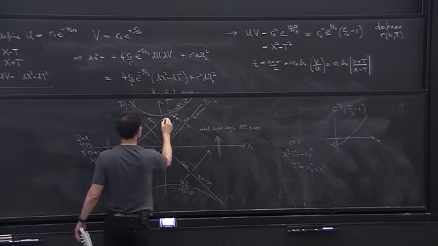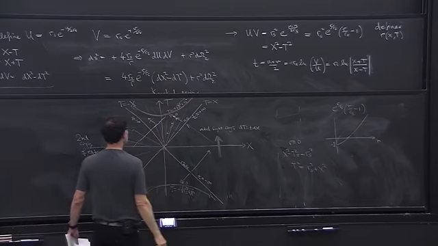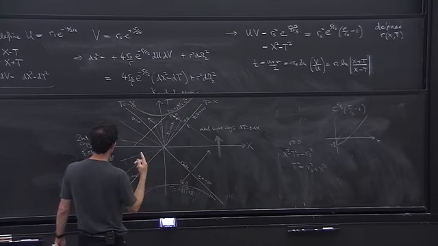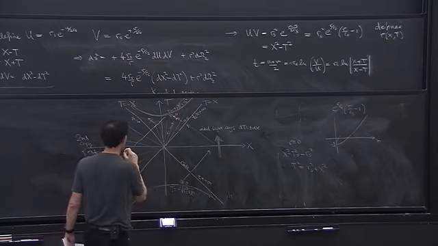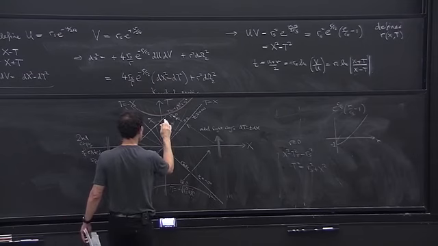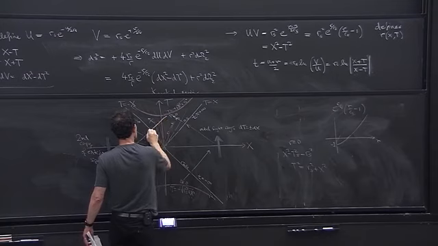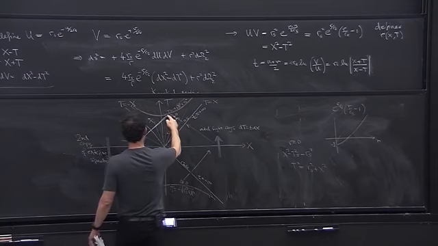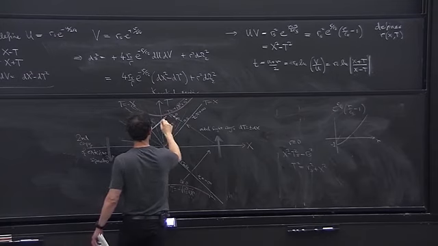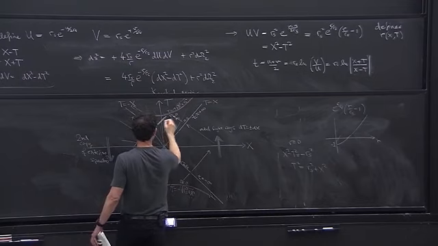So I should actually draw this. Let me see. Increasing r is increasing, decreasing r is increasing time. So this trajectory comes out of, so which way does the arrow go?